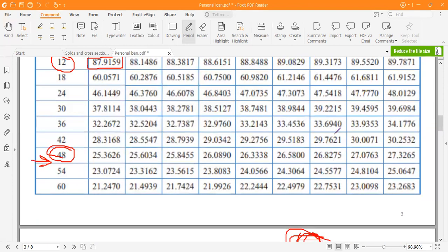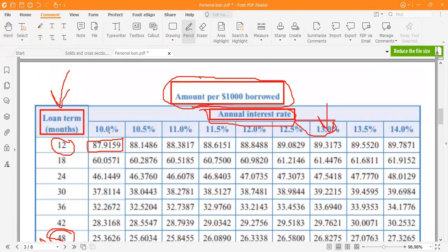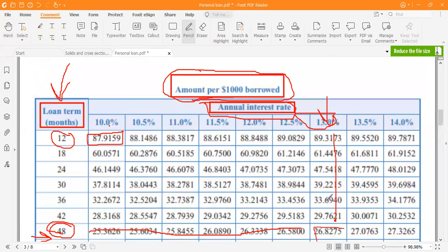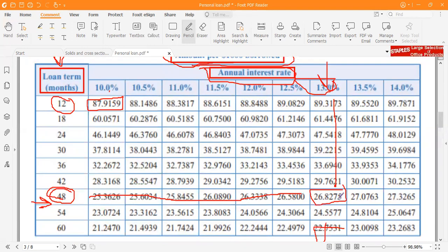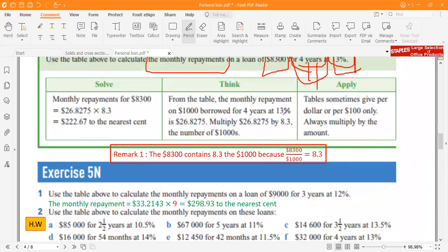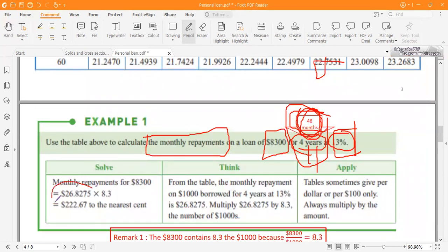The intersection, the cross cell between this row and this column, gives the monthly repayment per $1,000, which is equal to 26.8275.